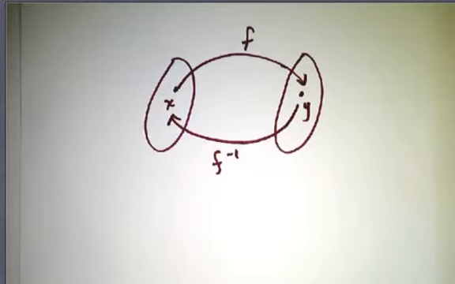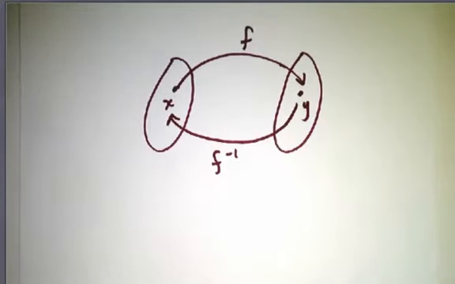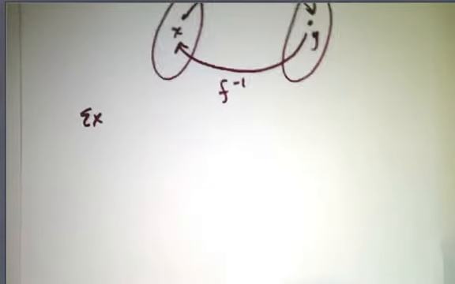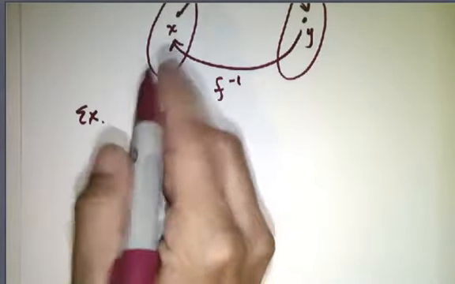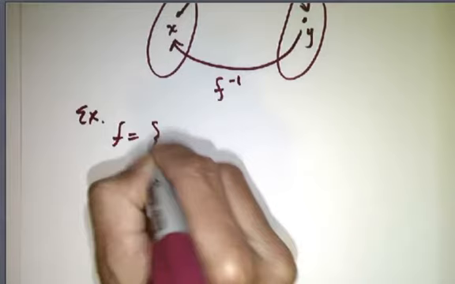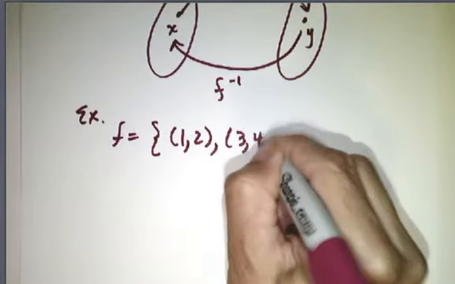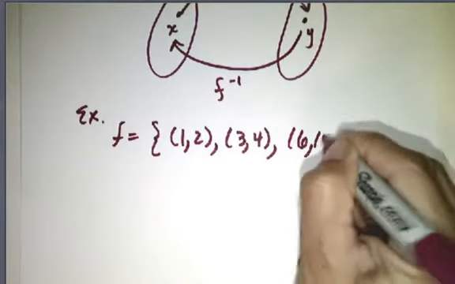Now let's look at an example when we write f as a set of ordered pairs. If f is equal to this set, (1, 2), (3, 4), (6, 10).